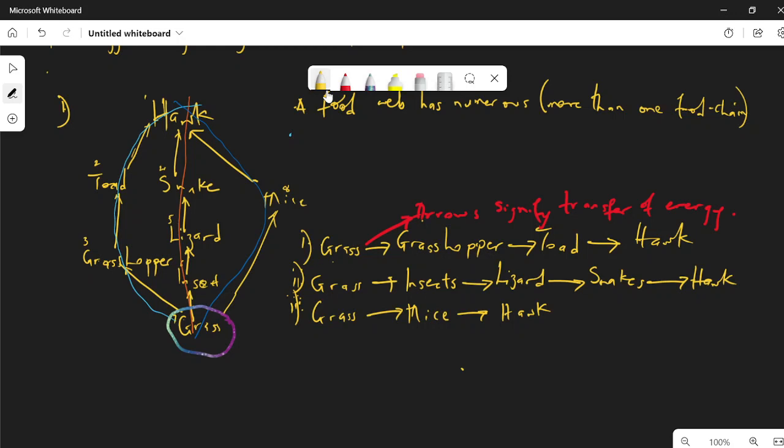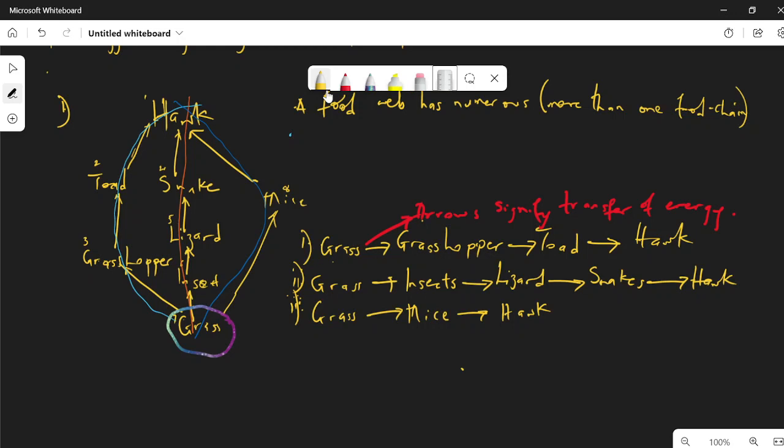That is what the arrows signify. So energy in the grass moves into the grasshopper, the energy then moves into the toad, and when the hawk feeds on the toad, the energy in the toad moves into the hawk. The same or similar thing happens in the second and the third food chain that we have in that food web.